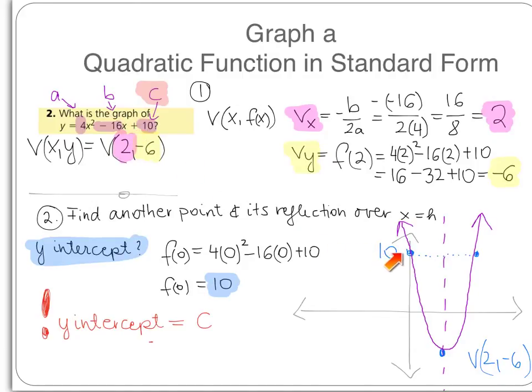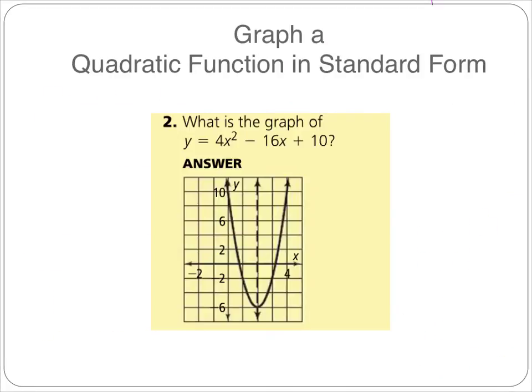So I plot 10, and then I simply sketch the axis of symmetry at x = 2 and measure the distance from here to here and plot the second point on here. As I have 3 points, I can graph a smooth curve, which is a parabola. Just to show you one more time, the vertex is going to be at (2, -6), the y-intercept at 10 and the reflected point here is at (4, 10).